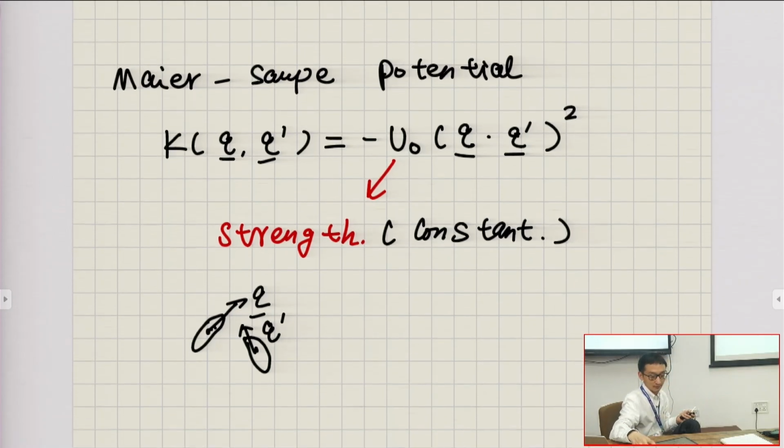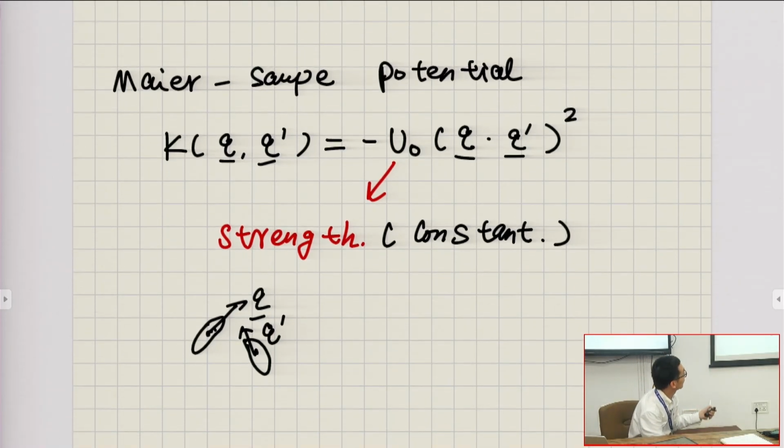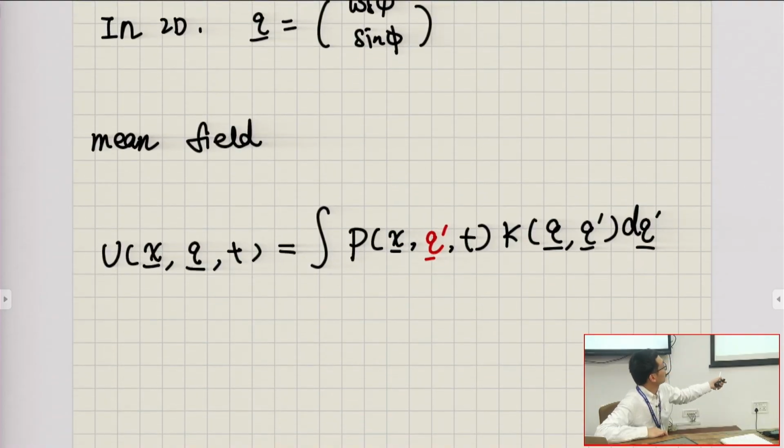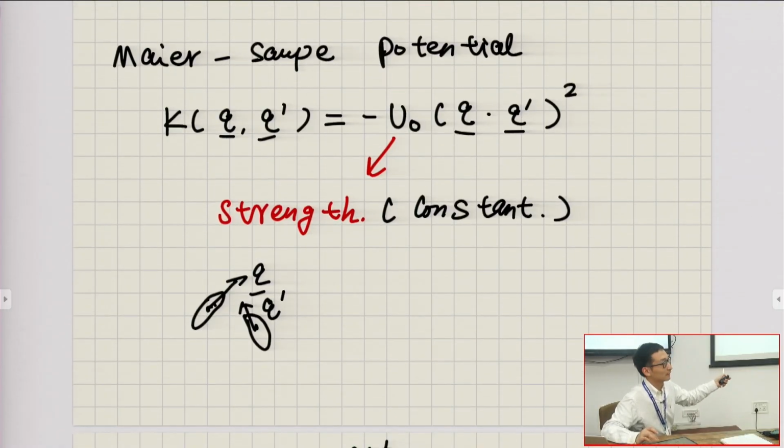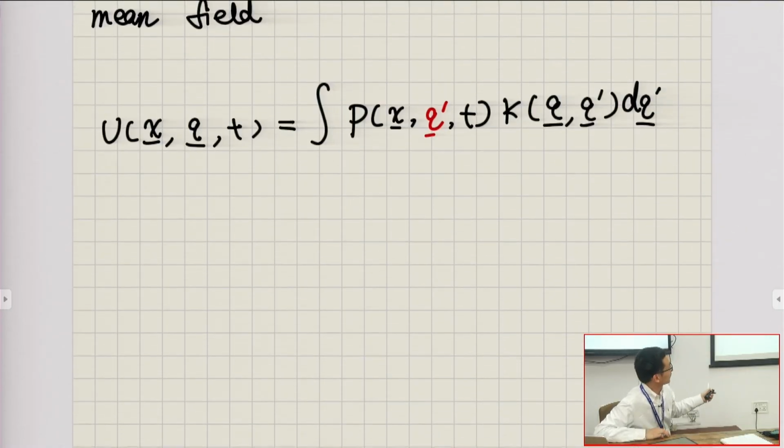The k at the top is just the two particle interaction, and the bottom here is making a mean field representation.